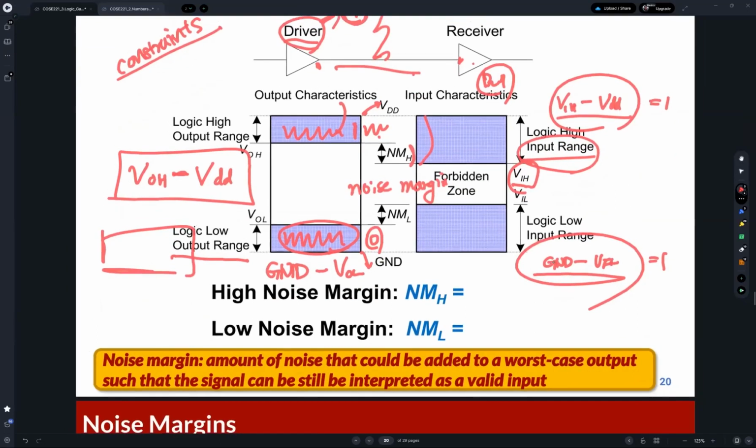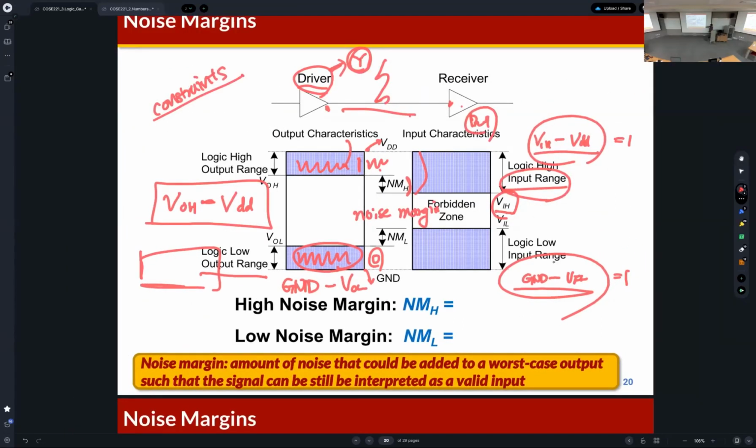So this is the definition of noise margin. Noise margin means the amount of noise that could be added to the worst case of the output. Noise margin guarantees that when noise is added, the voltage level can change from this output value, but the input can still think that this value is 1 if the value is within this range.